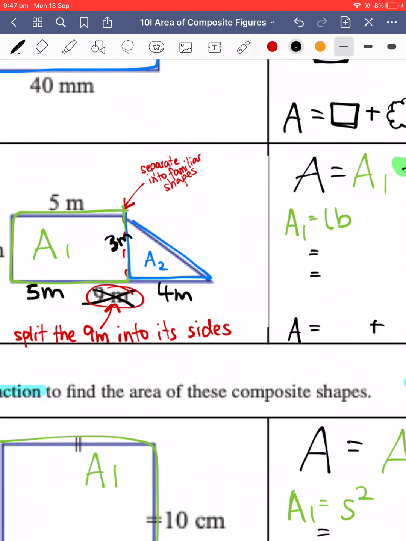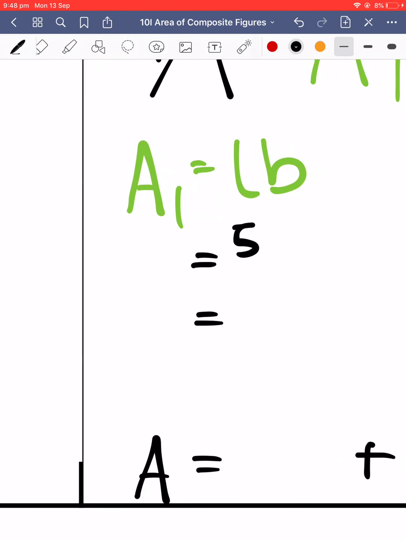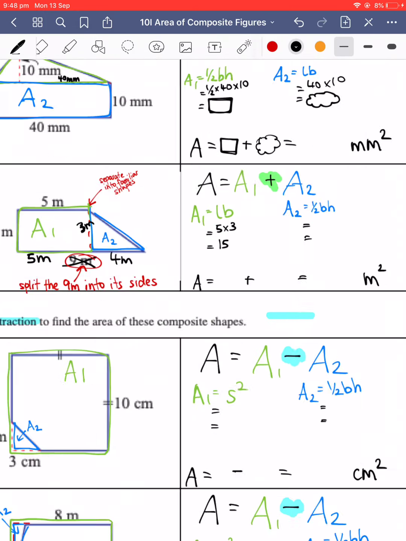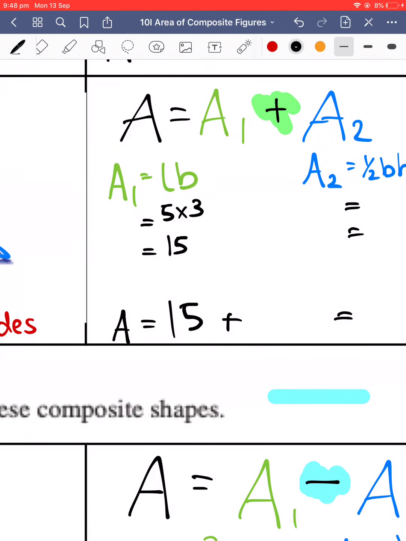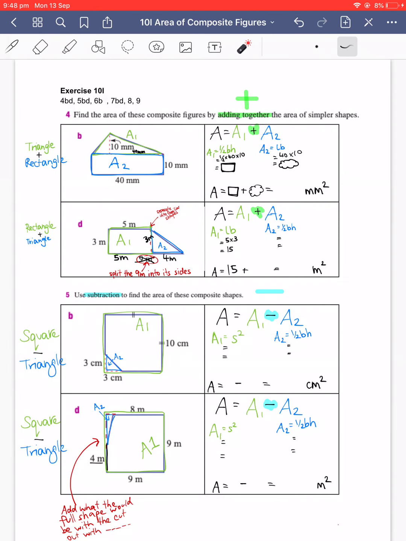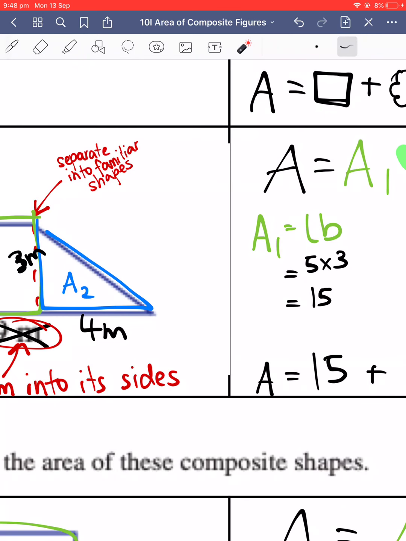So for this next one, again, I have my rectangle that I'm starting with, so it's 5 multiplied by 3, so I can substitute that in. 5 multiplied by 3, which gives me 15, and I can write that into my next line. So next one I've got is my triangle here, so half multiplied by my base of 4 multiplied by my height of 3.